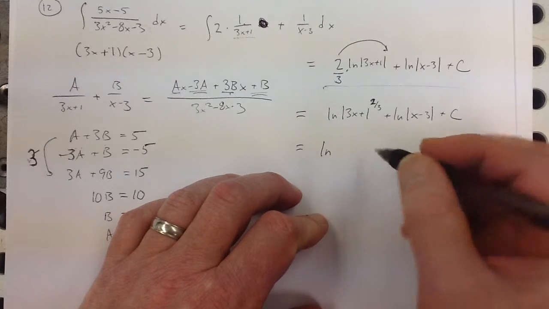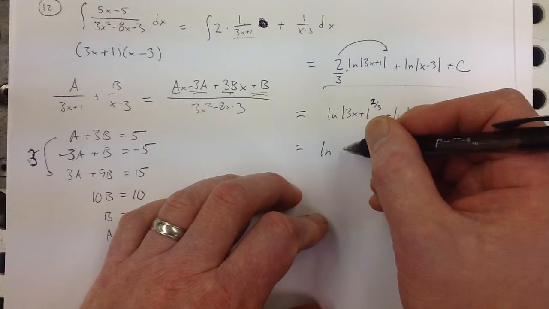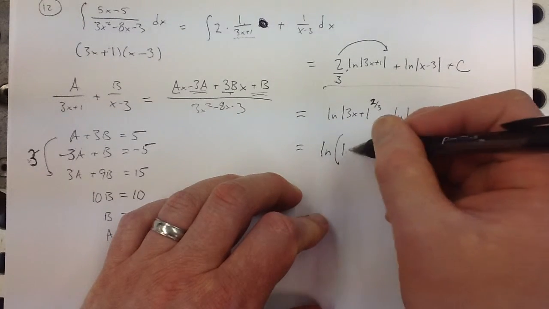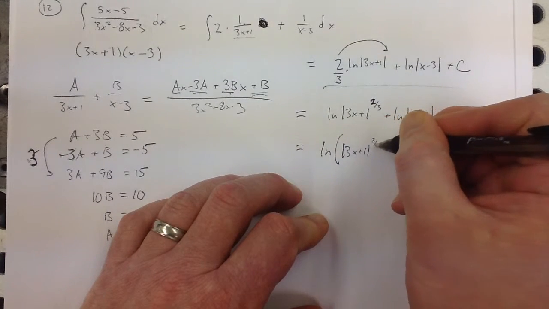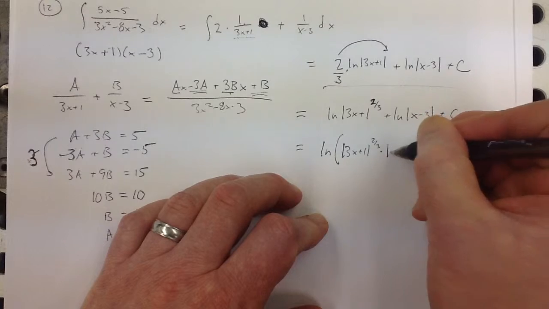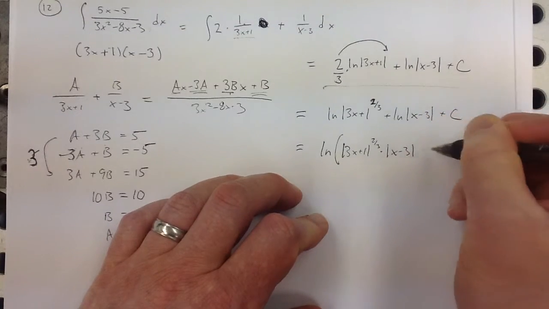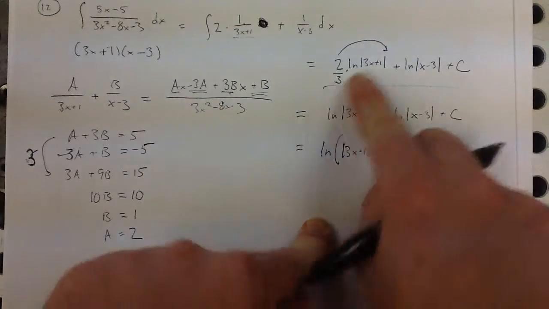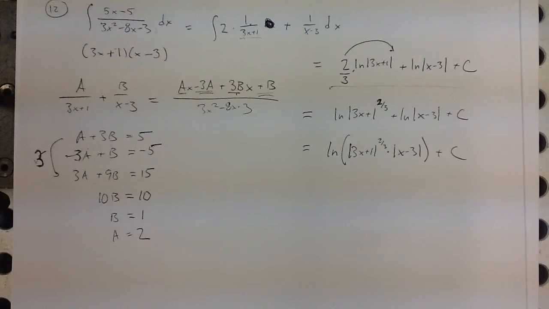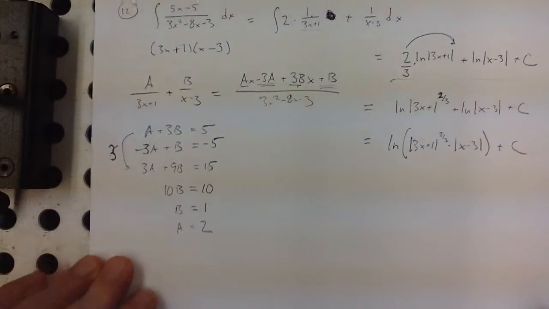Say that's natural log of the product of those, 3x plus 1 to the 2/3 times x minus 3. I don't know that there's any great advantage to doing that, but it's a good idea to just keep our logarithm rules sharp so that when we need to use them, they will be sharp.